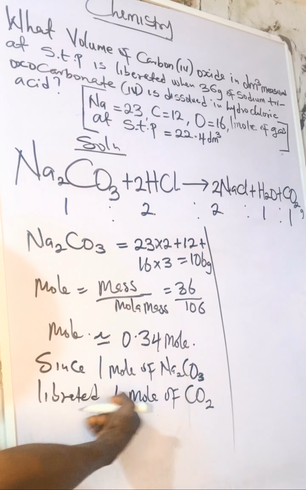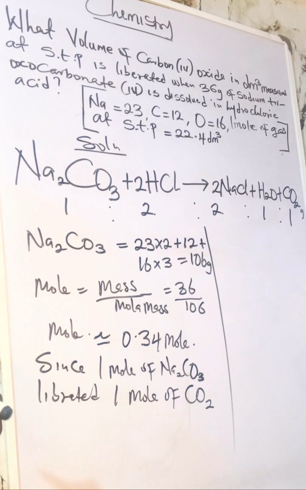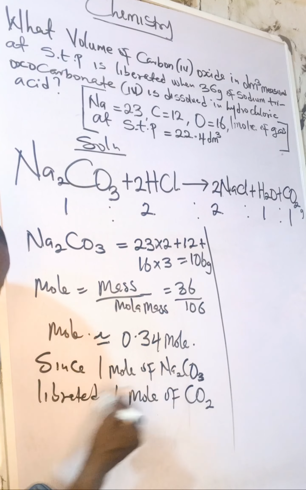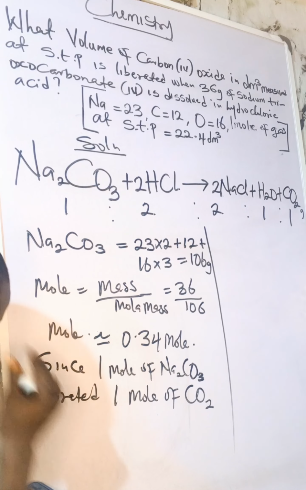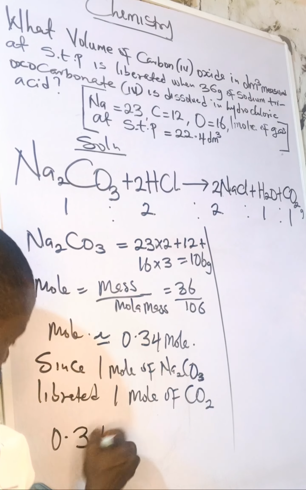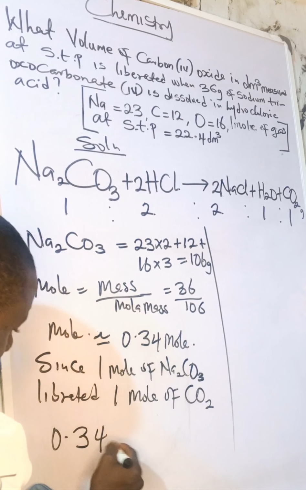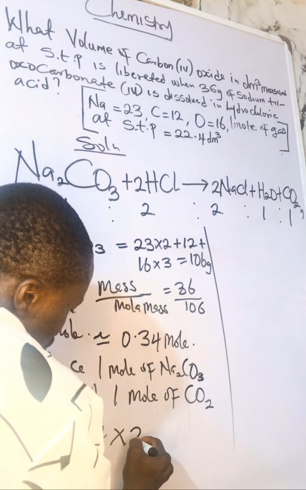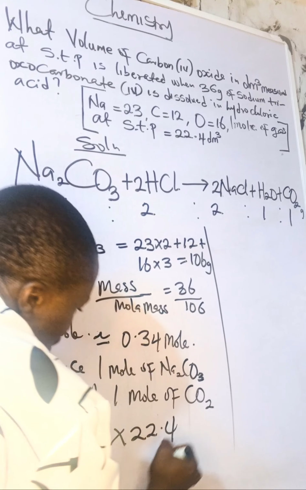Now, since 1 mole of this liberated 1 mole of that, we will use it that the actual volume of this liberated is going to be 0.34, which is the value for 1 mole, multiplied by the volume at s.t.p, which is 22.4.